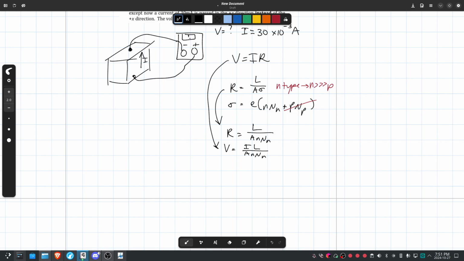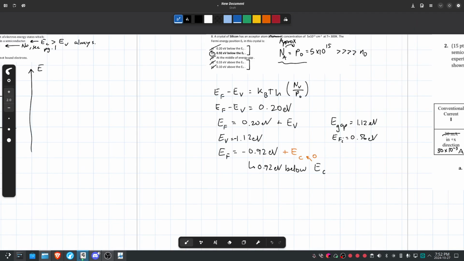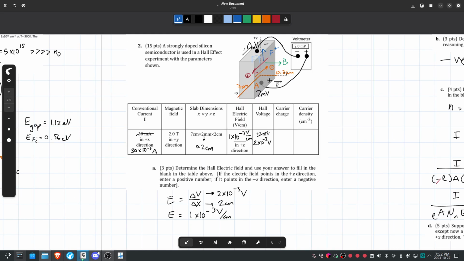We have all the values. Just plug and chug at this point. What do we get? So the area in this case is going to be this cross-sectional area. And if we go back to our original diagram here, that's going to be y along z.